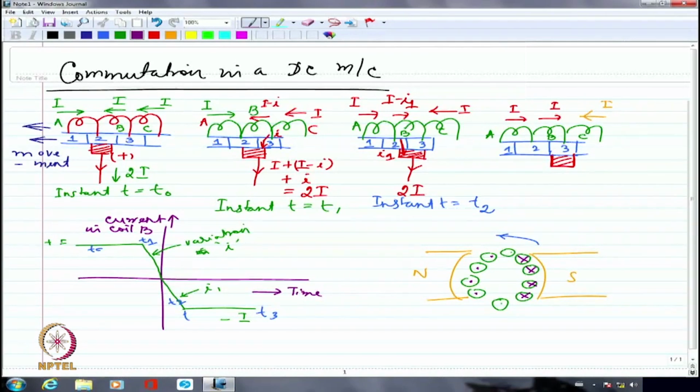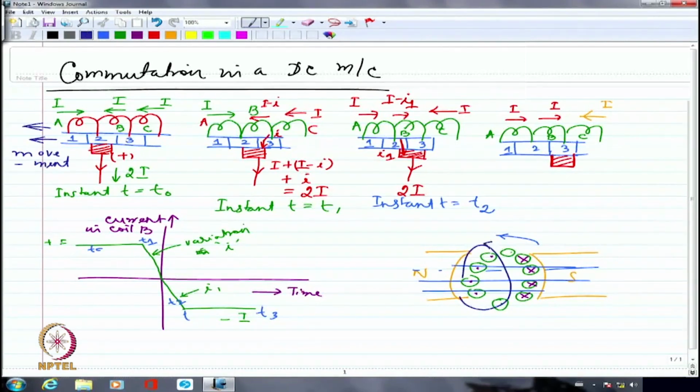When I have armature reaction, what is going to happen is, we said basically that the original lines of force were like this. This is how the main field flux was. Whereas these are going to create flux lines in the opposite direction here. This is how it is.